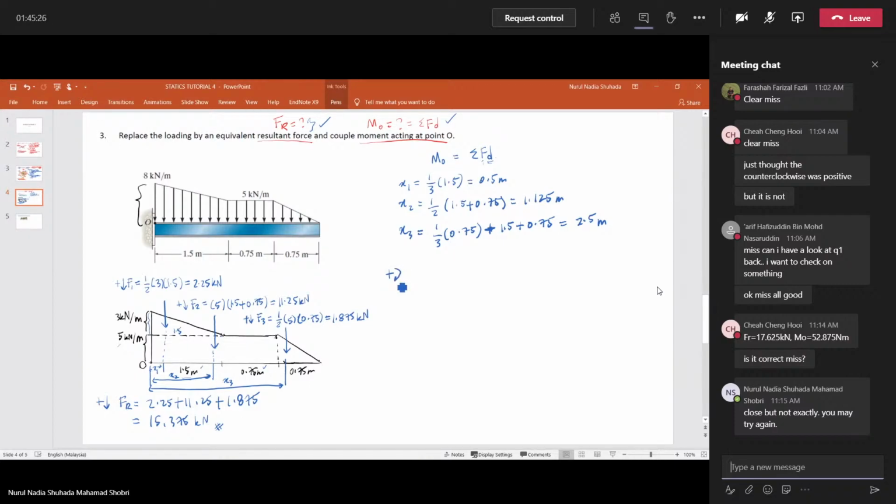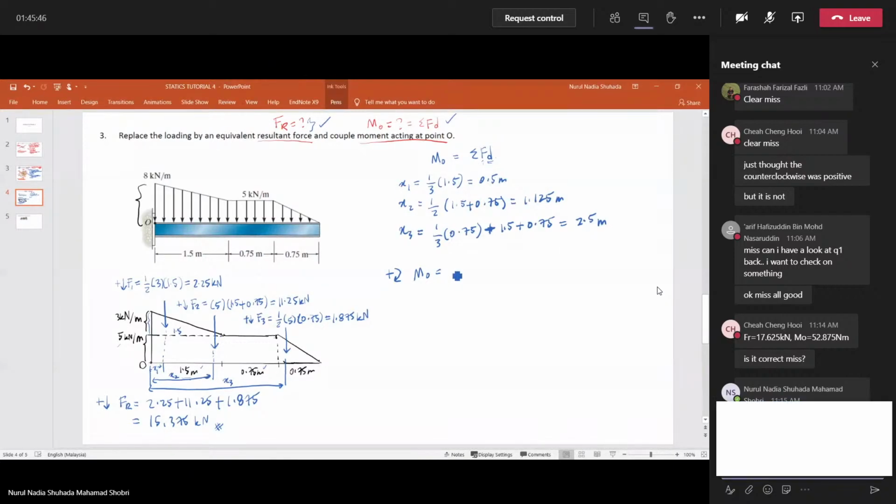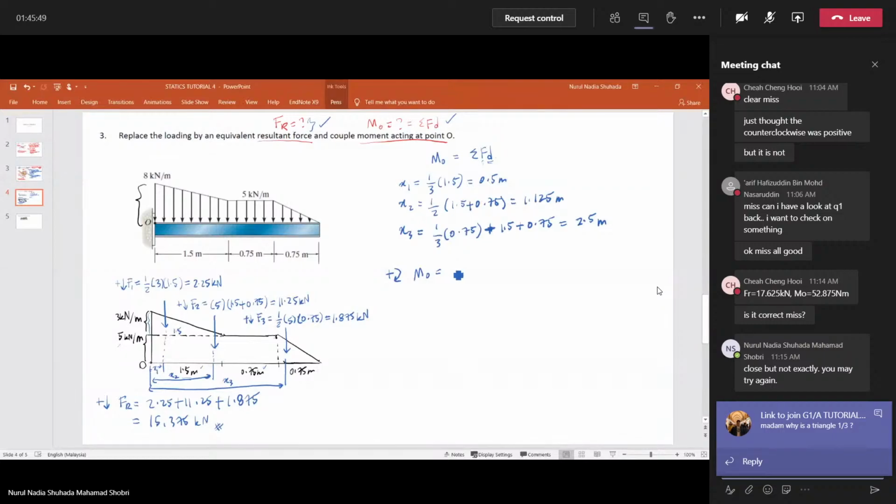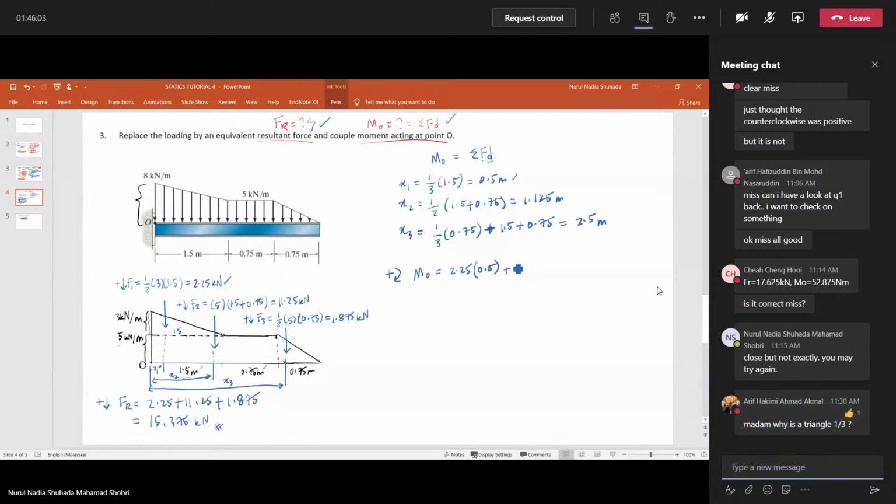So moment at point O is equal to the first force, 2.25 here, times the distance here, 0.5, plus force number 2, 11.25 times x of 1.125.